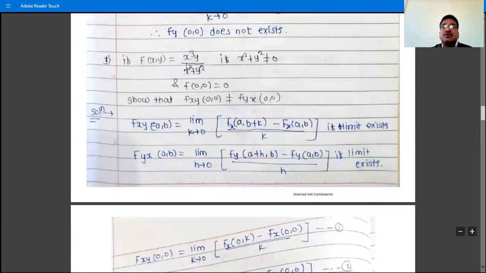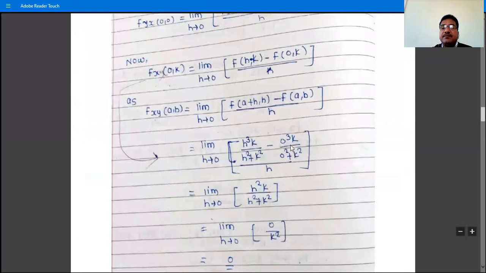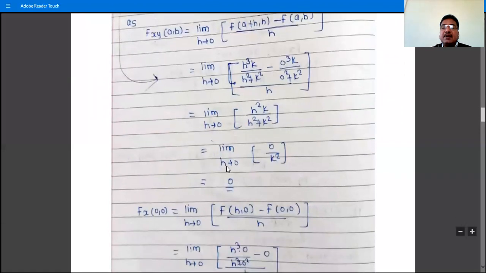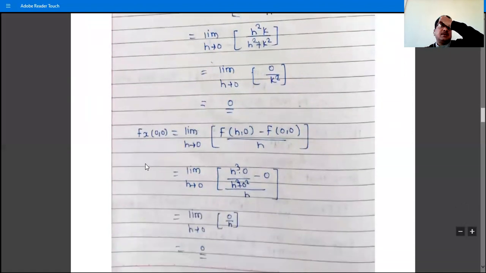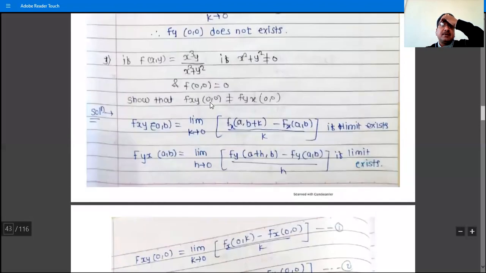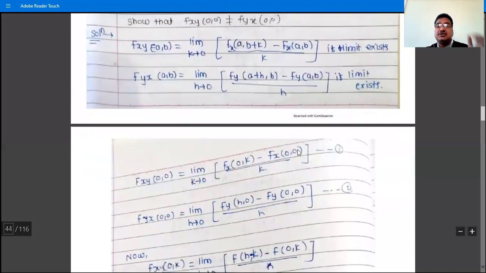Substitute x as 0 and y as k, and we get 0. Then dividing by h gives h cube, and dividing by h again gives h square. Taking the limit as h tends to 0, we substitute h as 0, so 0 divided by k square is 0.